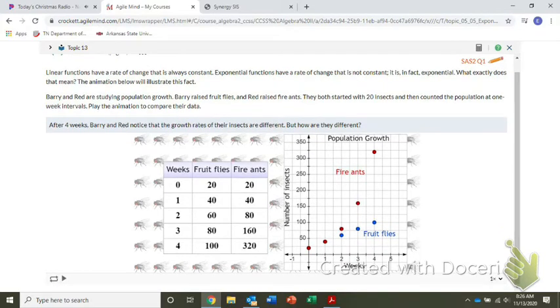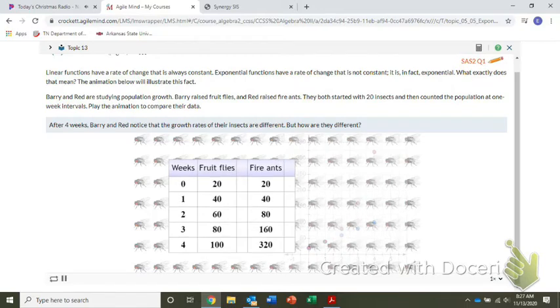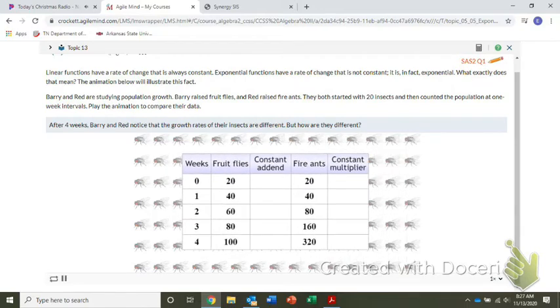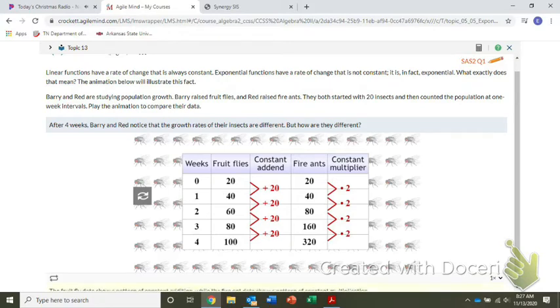It's just adding 20. So, in that column, all you're writing is plus 20, plus 20, plus 20, plus 20. For fire ants, it's a constant multiplier, so we're multiplying by 2.